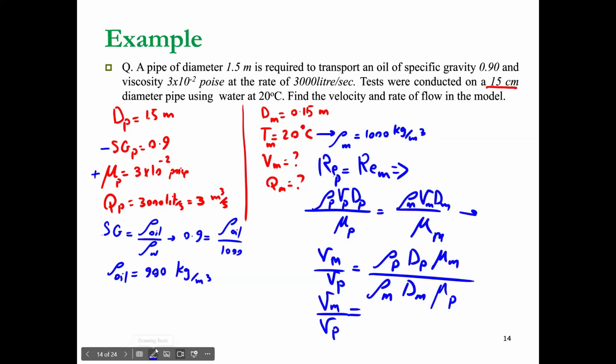Or let me write it that way. I would like to go here. Rho of prototype, we have it, 900. Rho of model, that's water, 1000. D of prototype 1.5. D of model, this number. Mu of prototype 3.3 multiplied by this one. And I don't have it, but for sure, based on the temperature, you can find this one.